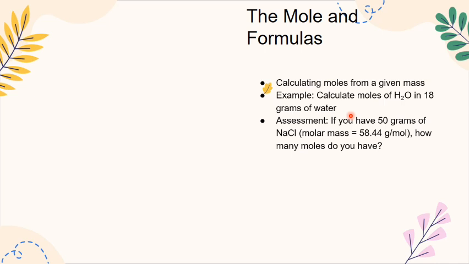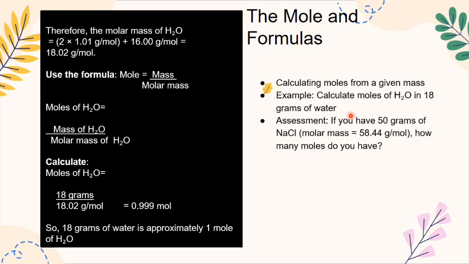So we have something here that says calculate the mole of water in 18 grams of water. It simply means they want us to determine the amount, the mole, that is going to be present in 18 grams of water. Now there is a formula that we can always use. However, first we need to determine the molar mass of water. From our previous video, if you followed, you should be able to calculate the molar mass of water.